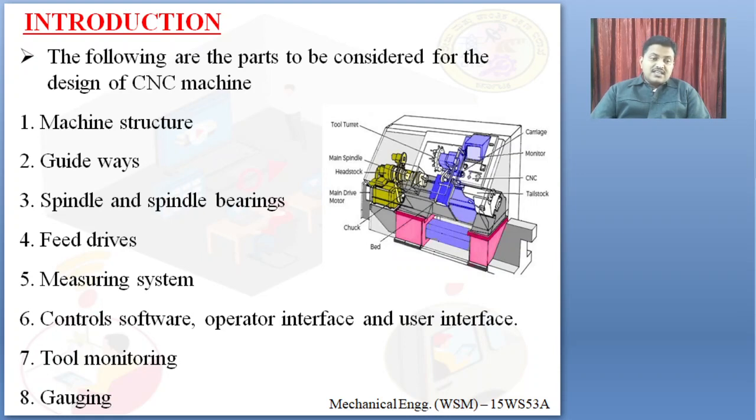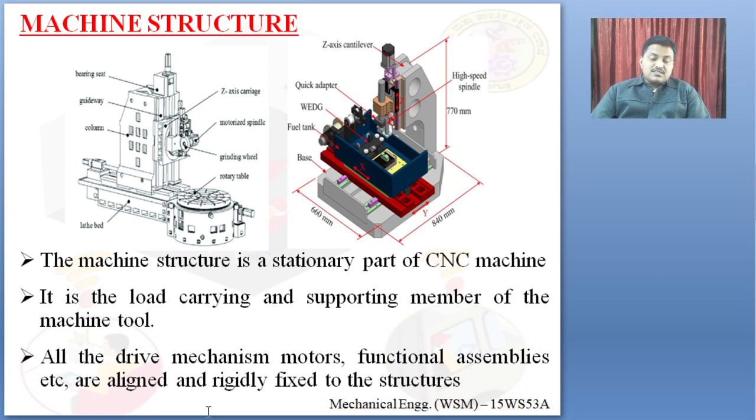So let us see the first part of the machine design, which is the machine structure. If you see, the machine structure is a stationary part of a CNC machine. The structure is not going to move, it is fixed.